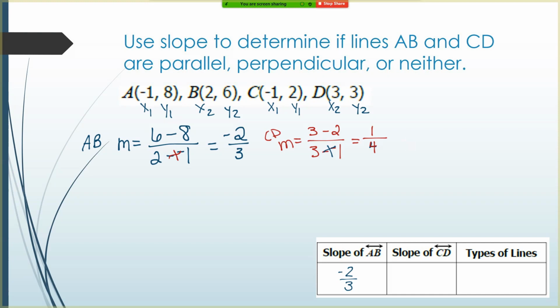Did you guys get 1/4? So when I look, I'm going to bring that down. So when I compare my two slopes, I have negative 2/3 and I have 1/4. Are those the same numbers? No. Are they opposite reciprocals? Can I flip one and change the sign and make it the other one? No. So these are neither.